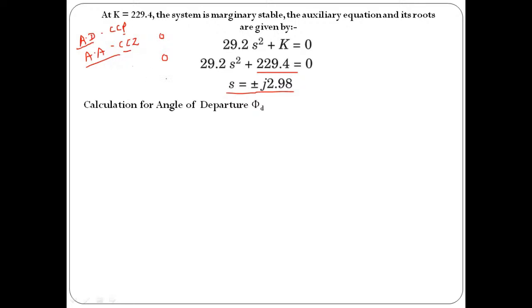So in this case we have a pair of complex conjugate poles. One pole is available at -2 plus 3j, and another one is available at -2 minus 3j. So in this case we have a pair of complex conjugate poles. Hence we need to find the angle of departure. That is important.